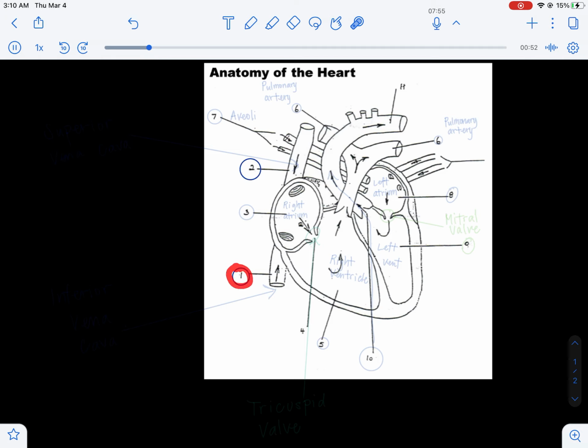Okay, so number 1 is called the inferior vena cava. Right there.